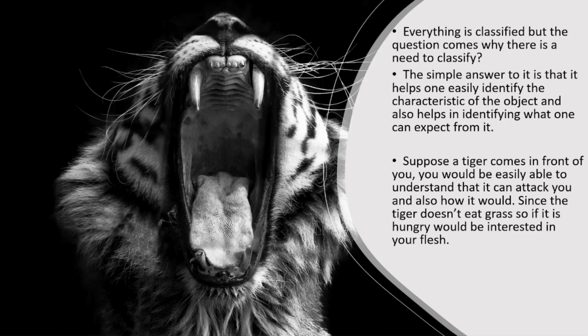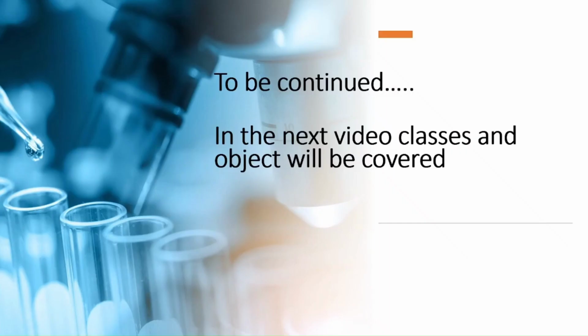Just by looking at an object I can identify, like I'm walking in woods and suppose a tiger comes in front of me, I would easily know that the tiger is not going to eat grass, it may eat me, provided the tiger is hungry or a man eater. Okay, it depends. Fine. So in the next lecture, these are the basic concepts of object-oriented programming.